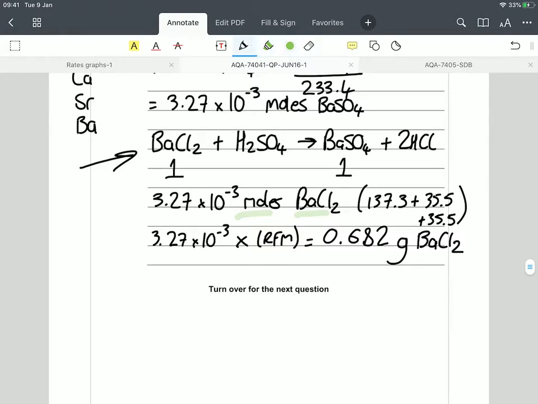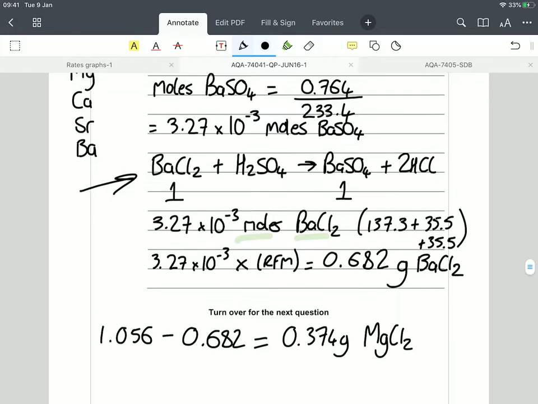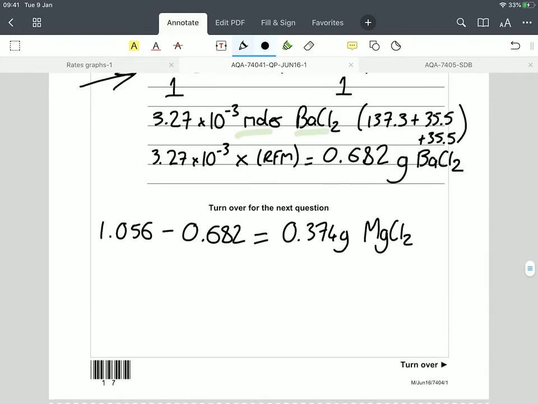So let's lay it out. 1.056 minus 0.682. Okay, which means there was 0.374 grams of magnesium chloride, but it wants it as a percentage by mass.